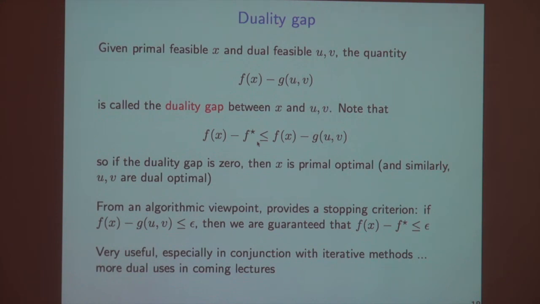So suppose we were performing some iterative minimization where we first took a step on the primal, then we took a step on the dual, and we were solving them at the same time just because we wanted to. Then at any point, we could check the dual criterion, check the primal criterion, take their difference. That would upper bound how far we are from optimality in the primal. It's extremely useful.